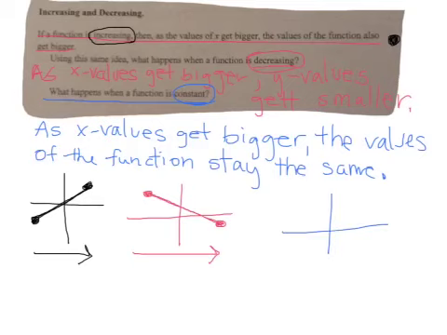Hopefully we're thinking about in our mind what that means. As x values get bigger, because we're going this way, yes, they're getting bigger. You know, this is negative 2 or whatever, so they're getting bigger. But the y value stays the same. If this was 5, it's 5 the whole time. So that's what it means to be constant.